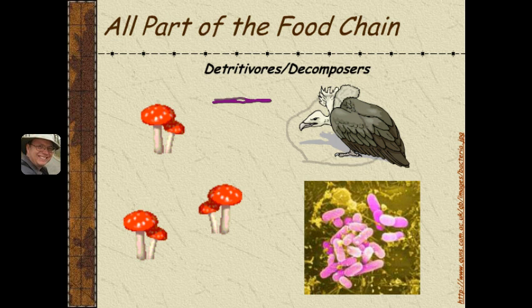Okay, detritivores are things that eat dead stuff. So that would be like buzzards and vultures and the mushrooms and the bacteria and things like that. Now you might think, well, wait a minute, I don't eat things while they're still alive, so I eat dead things, but you actually, or human beings actually, if you'll pardon the phrase, do the killing.